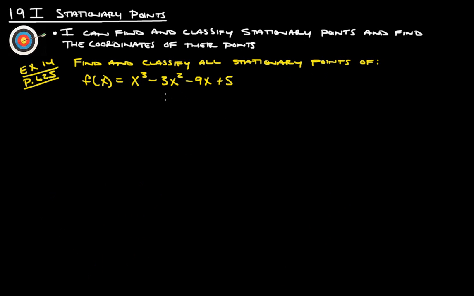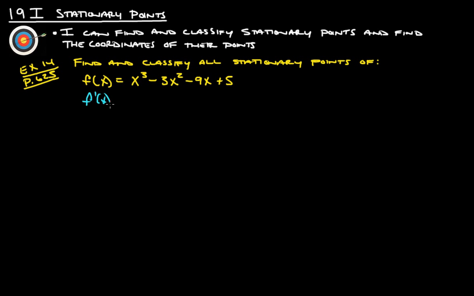What we want to do here is find the derivative of this, so then we can find when the slope of the tangent is equal to 0. Let's see, need to actually get a pen working here.